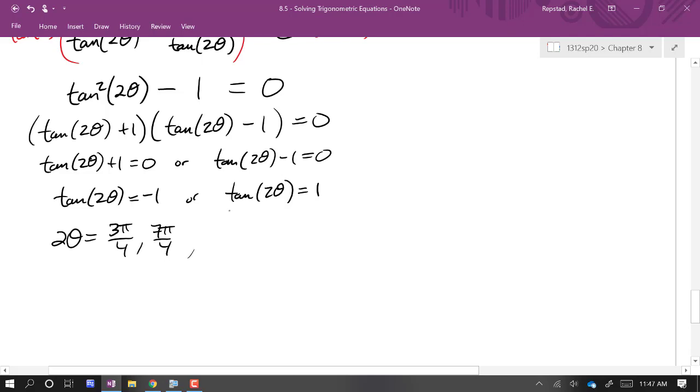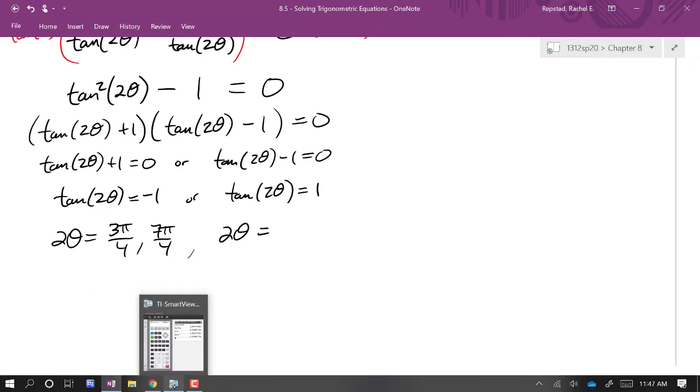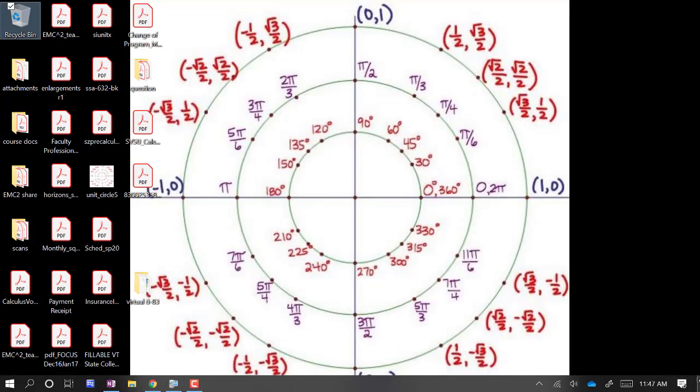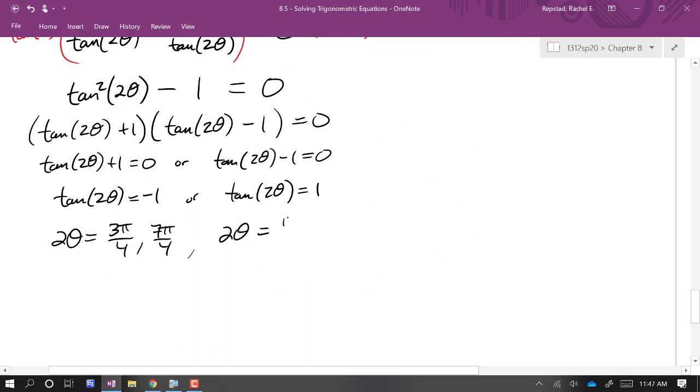And tan of 2 theta is positive 1 when sine and cosine are the same value with the same sign. So that happens at pi over 4, and again over here in the third quadrant at 5 pi over 4. Alright, so we have these initial values for 2 theta.